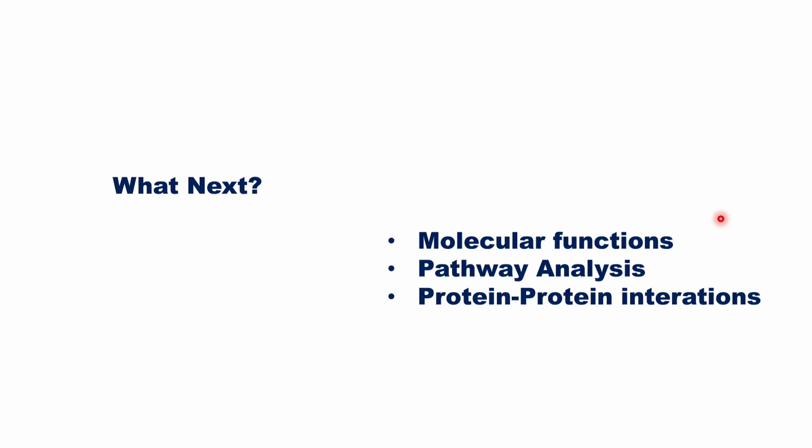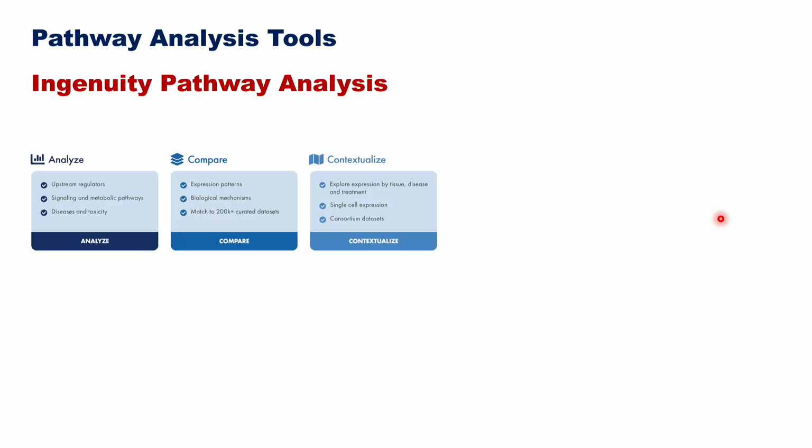This is not enough unless you say that this protein is involved in this process via this pathway. So you have to find out the molecular function, the pathway analysis, and protein-protein interaction, and many more things. But these are the main things. How do you do this?